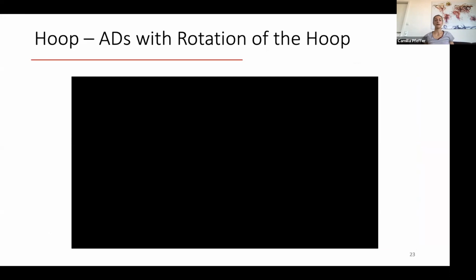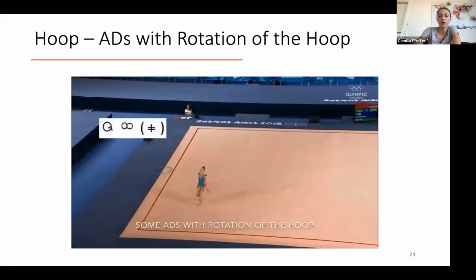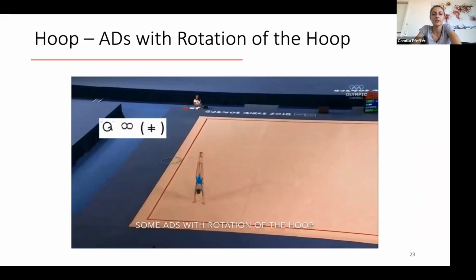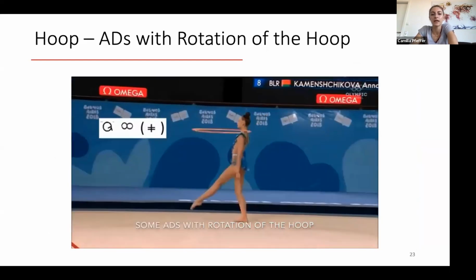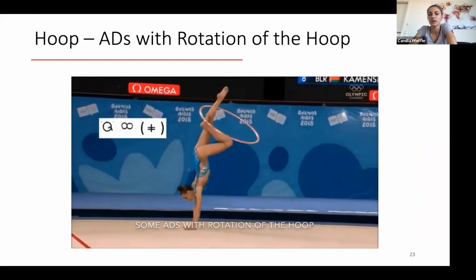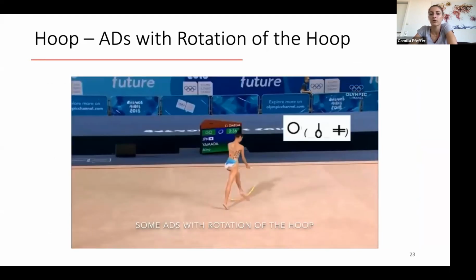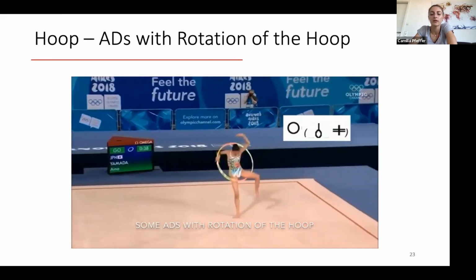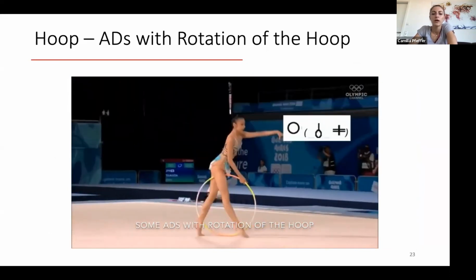And also some ADs. Here I will just show the ADs to you, because I think it's quite clear. What you can see is that the rotation of the hoop can be very well combined with, for example, transmission, or with passing through the hoop, or with throws also.